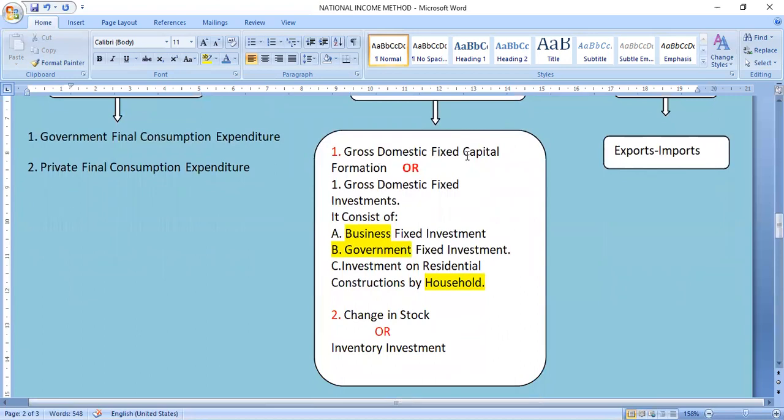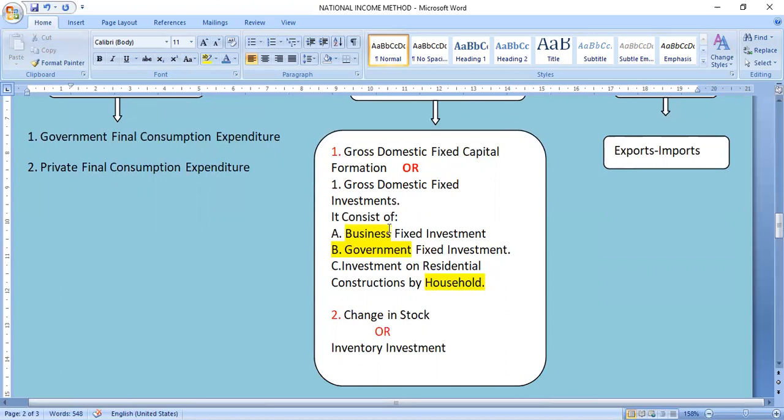Gross domestic fixed capital formation, gross domestic fixed investment. There are three types of fixed investment, one is gross domestic fixed investment.